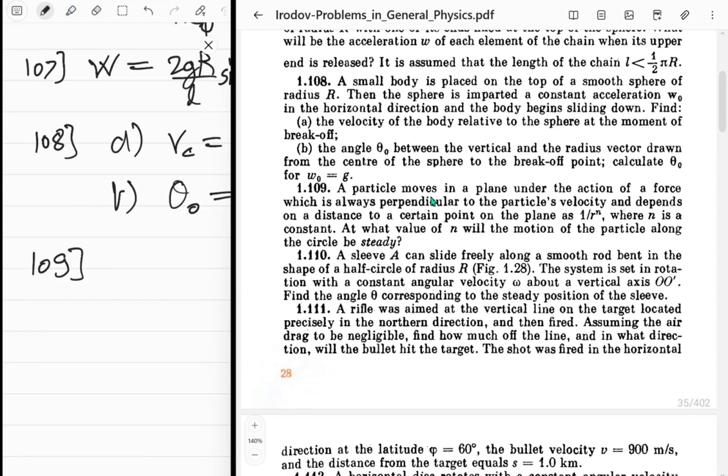On the distance to a certain point on the plane as 1/r^n, n is a constant. Okay, either I could just go on proving that n should be 1, or just tell you that n should be 1, because we have seen many such cases where n is 1.